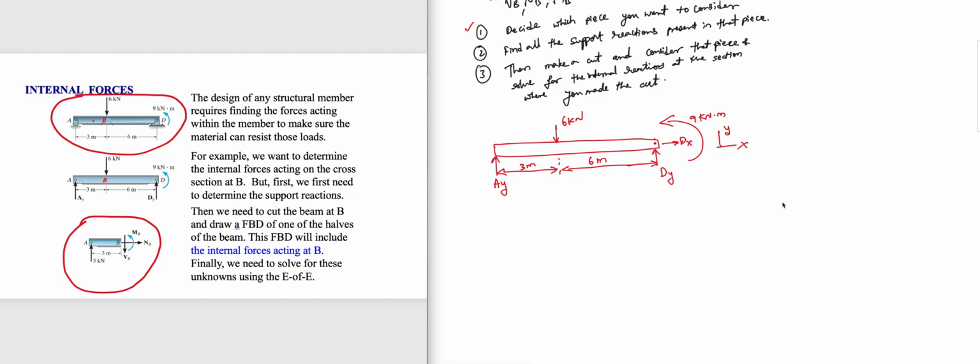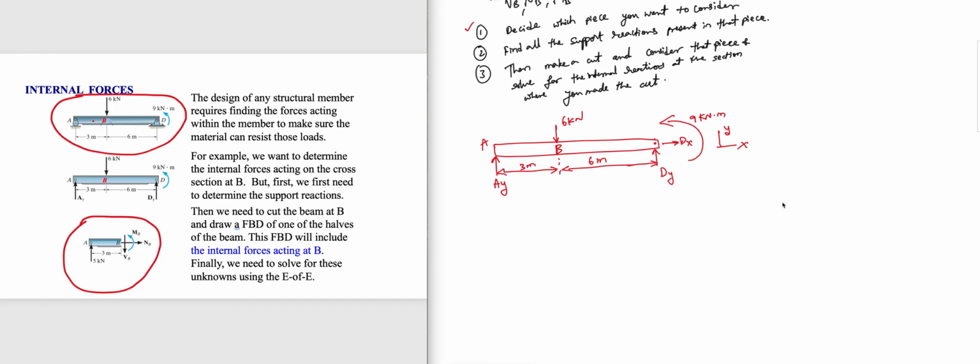So the free body diagram is complete. Now for this free body diagram, what did I ask you to do? Find all the support reactions present in that piece. If I'm considering AB, because I'm asking you to find the internal reactions at B, we have to take the cut at B and consider the AB part, which is what we will do later.